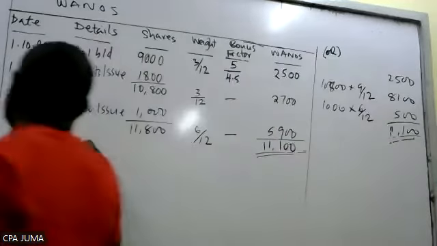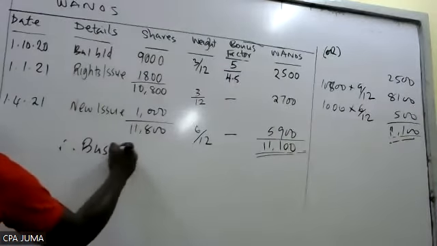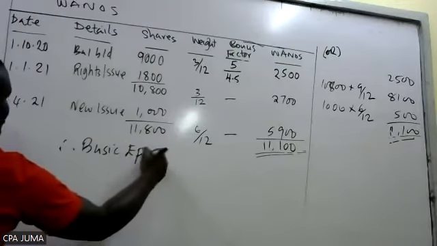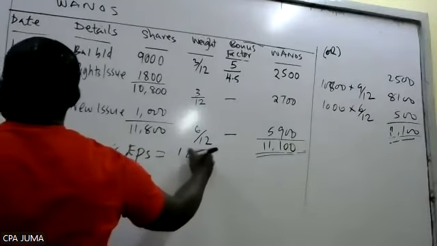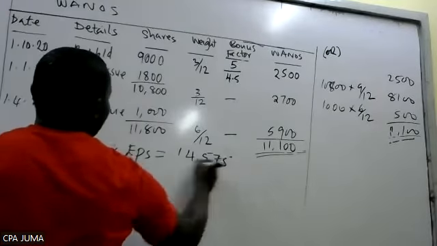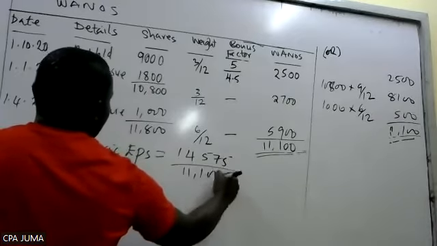Therefore, basic EPS will be the profit. Profit you have it above in your workings. Profit is 14,575 divided by 11,100.